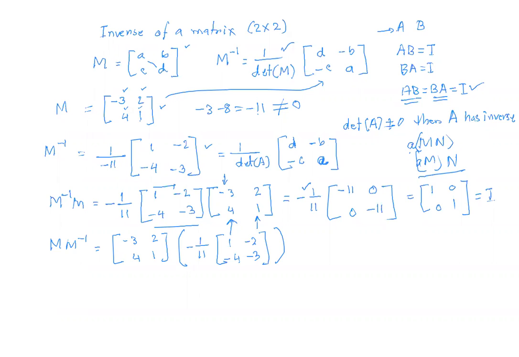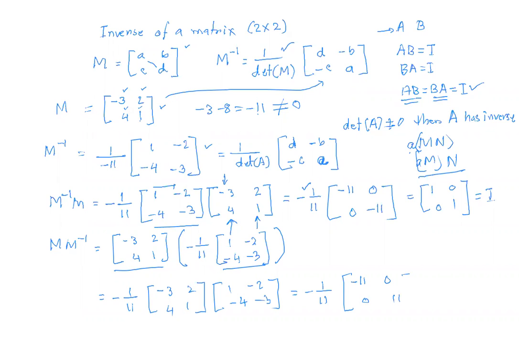I can bring the -1 over 11 in front because it's a scalar. You will see very quickly it's going to be -1 over 11 times -11, 0, 0, -11. And it comes down to the same thing, 1, 0, 0, 1, which is the identity matrix.